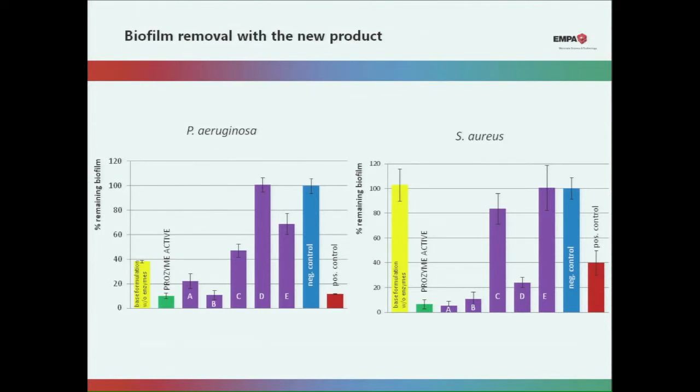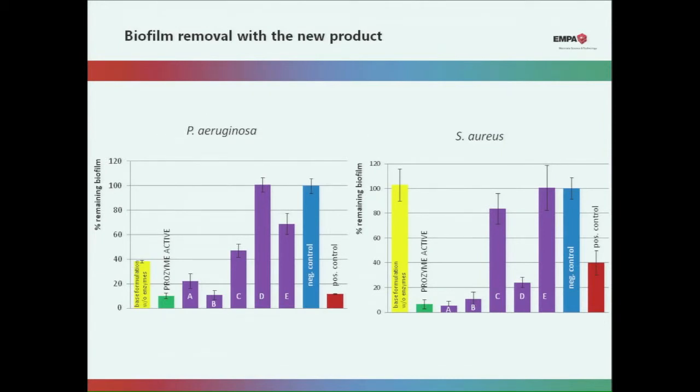So first, we formed the biofilm of Pseudomonas aeruginosa, then washed the biofilm, and tested what is left after treatment with the detergent. Here, this is a control, meaning only washing the biofilm with water. This purple-colored line is the detergent available in the market.